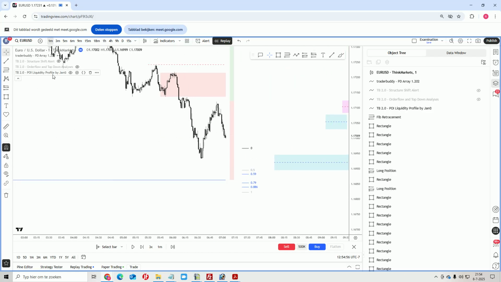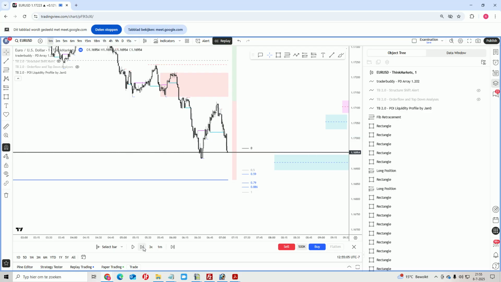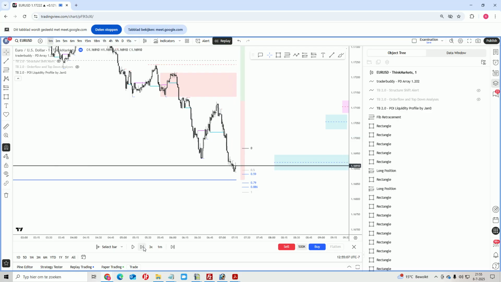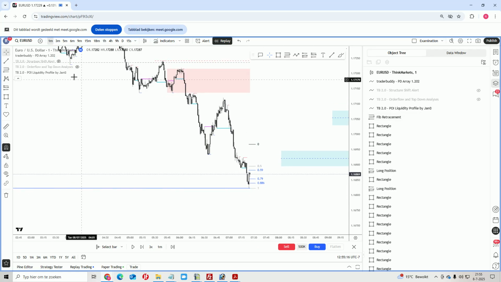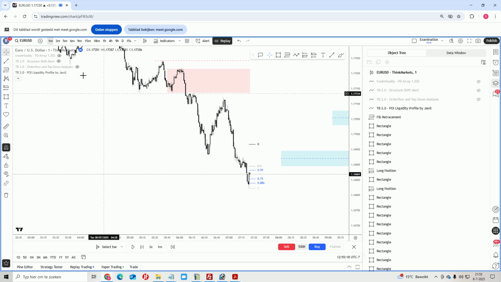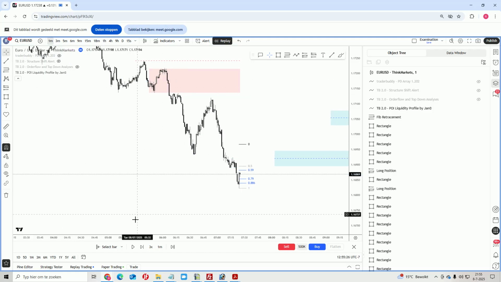See, that's why we have this POI indicator on, because this is a higher time frame old low. And what do we do if we trade into a bullish higher time frame POI zone? In this case, we took out. Let's get this one out of the way because this one is now showing the low of the period. But we just took out the low.